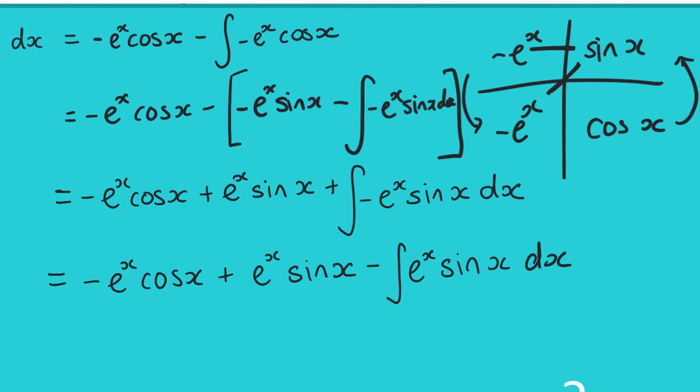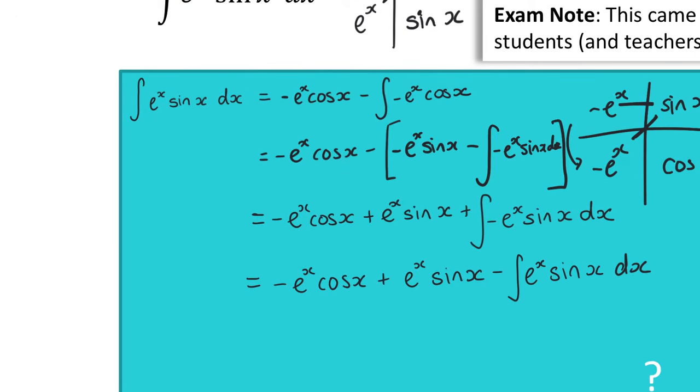And don't forget, there will be a plus c somewhere, won't there? Okay. So is everyone happy that the integral of e to the x sine x with respect to x equals this?